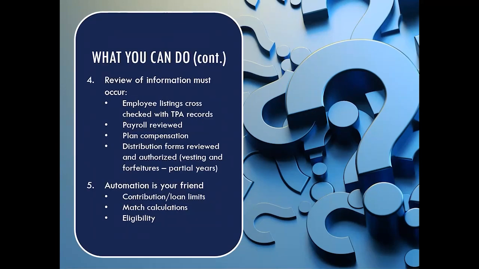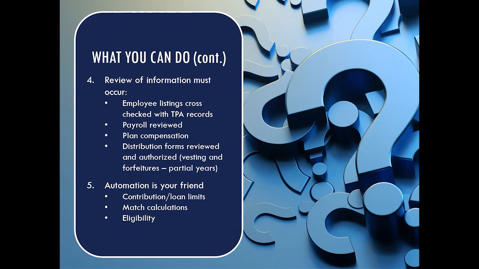On that same line of what you can do, reviewing information by the plan sponsor must still occur, even if you have a TPA that's assisting with much of the plan administration. So you have to ensure that your census records are cross-checked with the third-party administrator records periodically, that you have proper controls in place to ensure accurate payroll information is kept for participants.